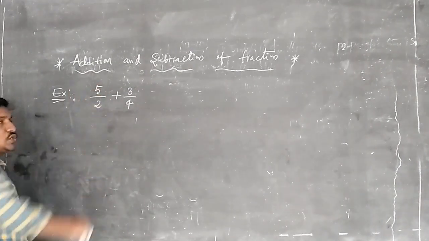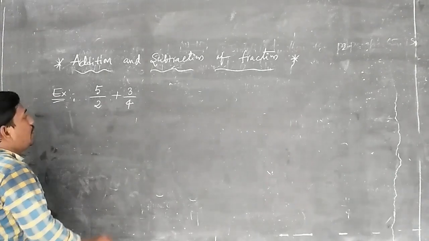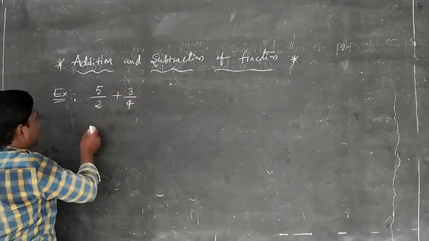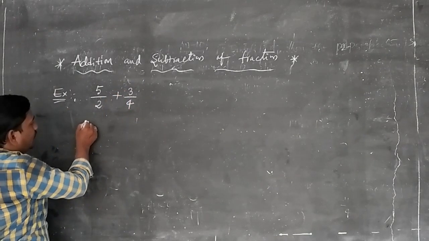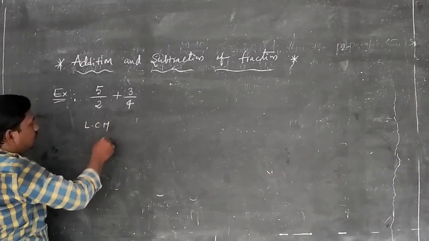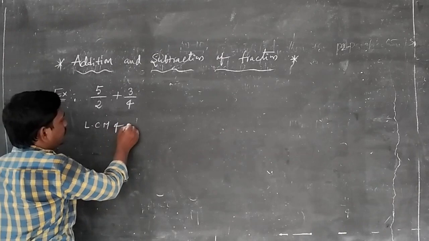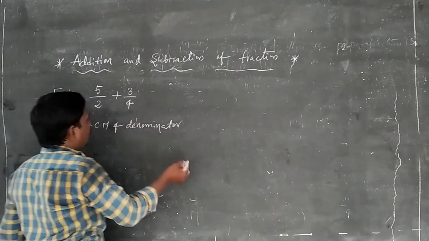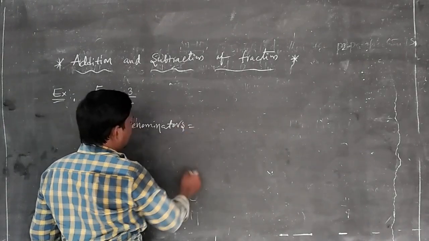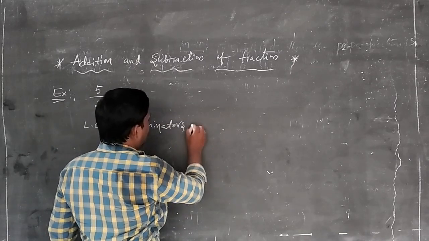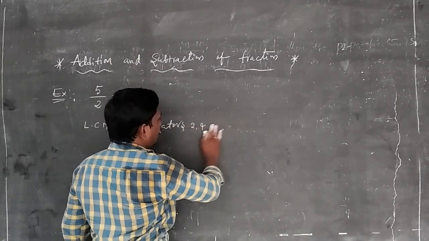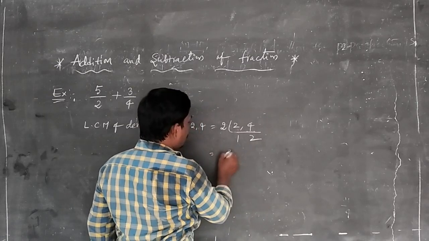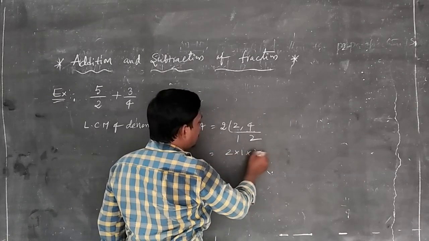The unlike fractions should be converted into like fractions. For example, we know the LCM of the denominators 2 comma 4: 2 comma 4 divided by 2 gives 1 comma 2, then 2 ones are 2, so 2 into 1 into 2 is 4.